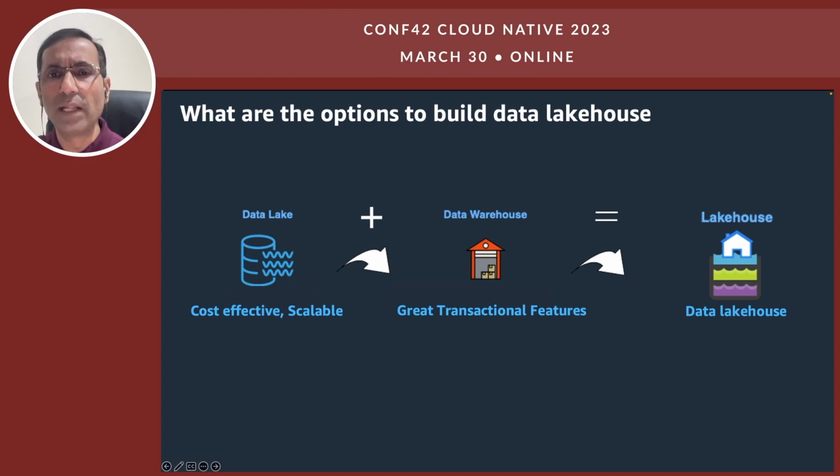However, a new pattern that is emerging as a popular pattern for implementing a data lakehouse on AWS is to combine both data lake and data warehousing capabilities. This pattern is known as the lakehouse architectural pattern. There are two options for creating a lakehouse on AWS, which I will talk about in the next few slides.